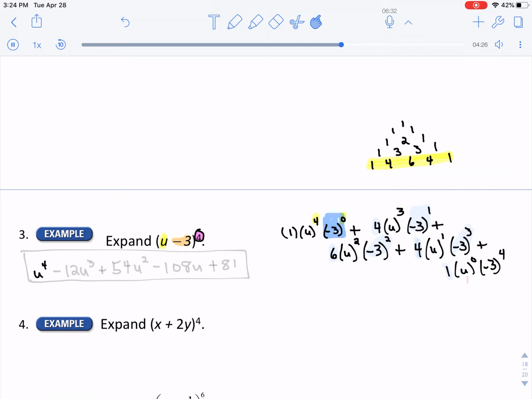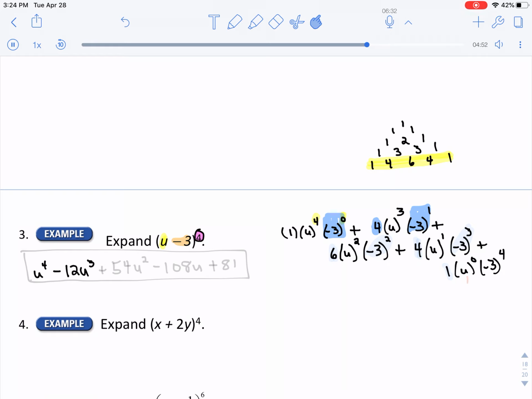So our first term is u to the fourth. All right, let's go to our second term. We have a negative 3 to the first power, which is a negative 3. And we're going to multiply that times 4. Negative 3 times 4 is a negative 12. And a negative 12 times u to the third power gives us our second term, which is a negative 12u to the third power.